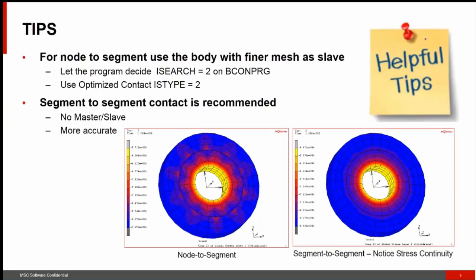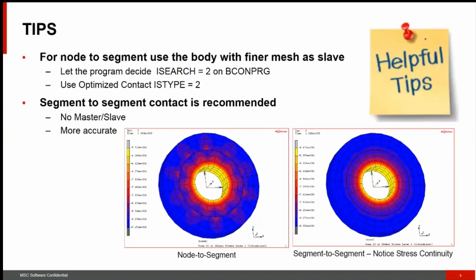So in this case, you will get a better stress continuity with segment to segment. You can see here from this image, the one on the right-hand side shows a smoother stress plot. And so we have this better stress continuity in comparison to the node to segment.